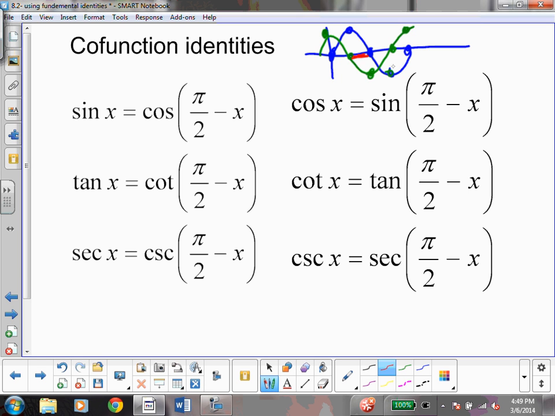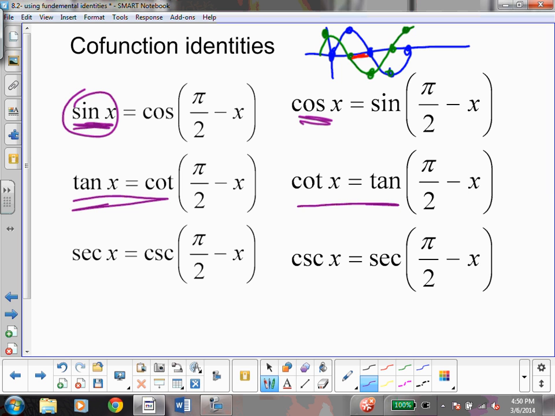And the opposite is also true. If I take this sine graph and I move it backwards 90 degrees, then I'm going to end up with the cosine graph. That's where these functions come from. So these are all saying the sine function is the same as the cosine of 90, or pi over 2, minus x. The cosine is the same as saying the sine of pi over 2 minus x.